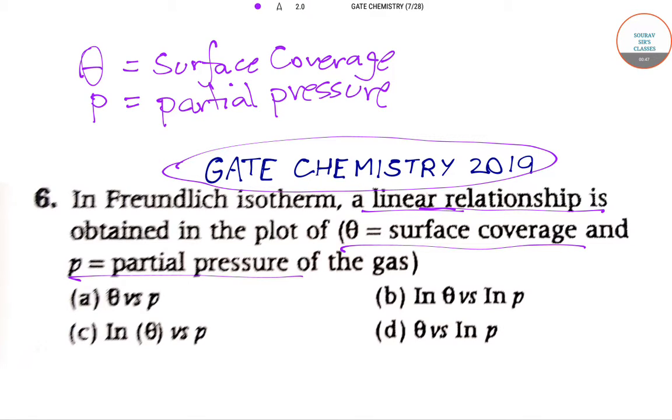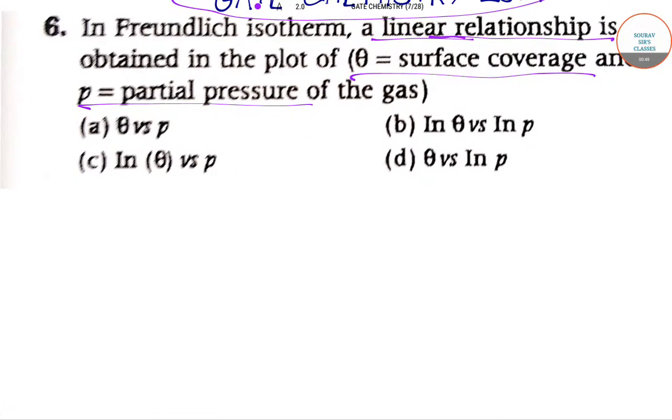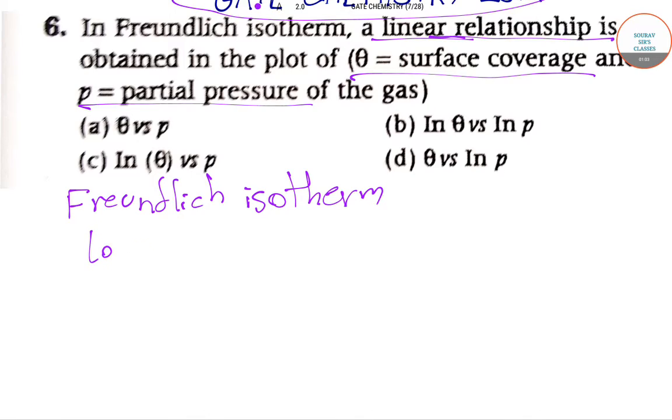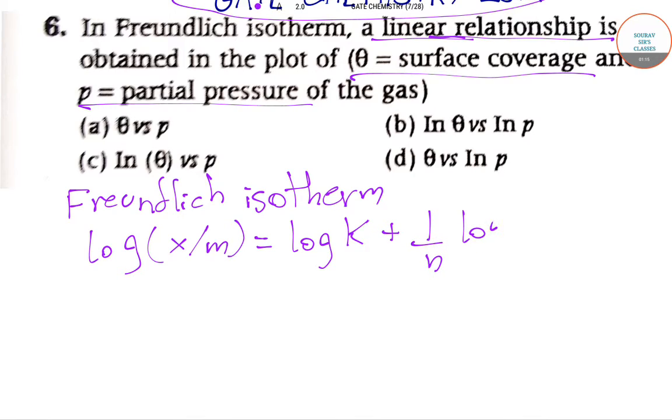Now, if you want to express the Freundlich isotherm in terms of pressure, we get the relation of log x by m is equal to log of k plus 1 by n log of p.